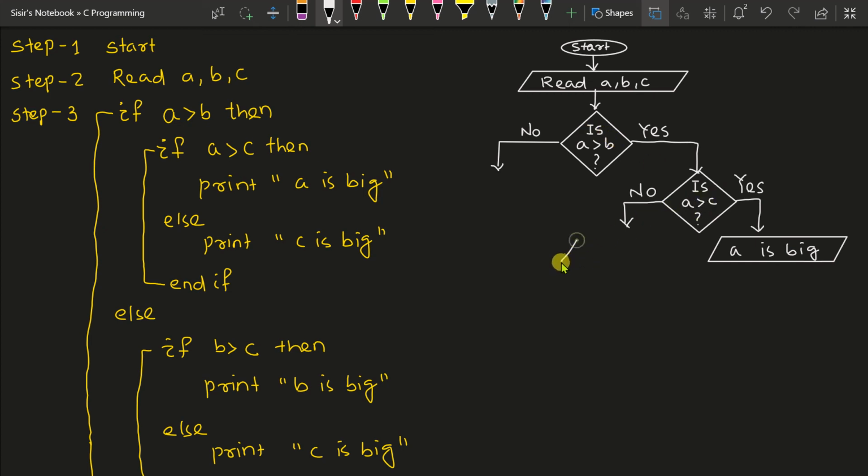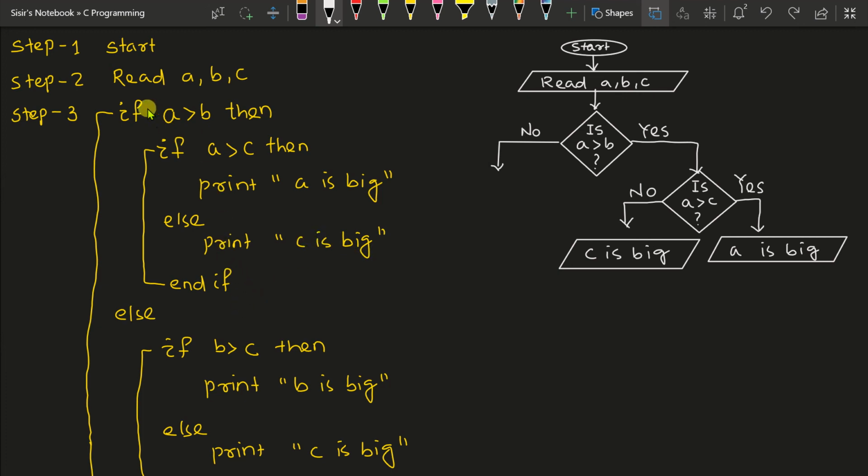That is C is big. So again I have to draw the parallelogram and we will write C is big. Right. Now this if part is over.